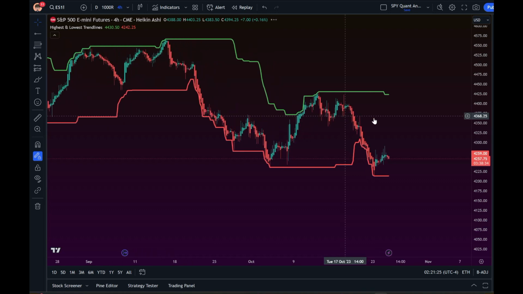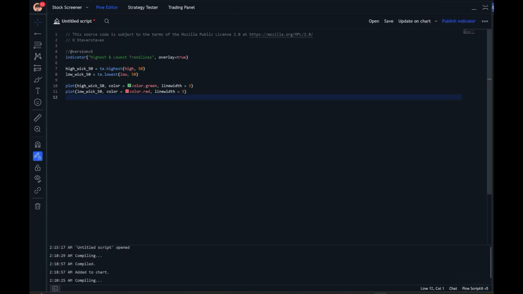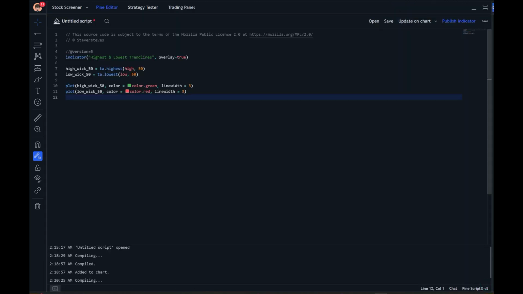Now, another way that we can do this is we can actually just plot a line. If we don't like how this looks, this sort of trailing box, and you just want a clean chart, we can just have it plot and delete a line as new highs and lows come up within our 50 candle period. So if we wanted to do that, we can create 2 line variables.